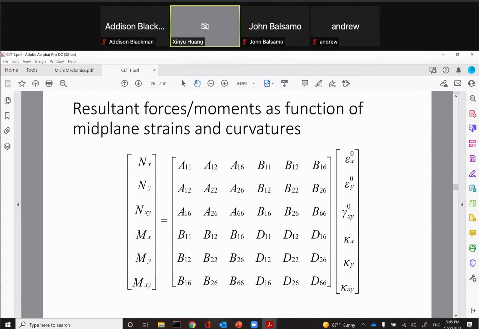You can solve this to get the midplane strain and midplane curvature. Knowing this, you solve this. Once you solve this, you know the stress and strain everywhere. Remember, the strain and stress depend on midplane strain and midplane curvature as a result of the Kirchhoff assumption.